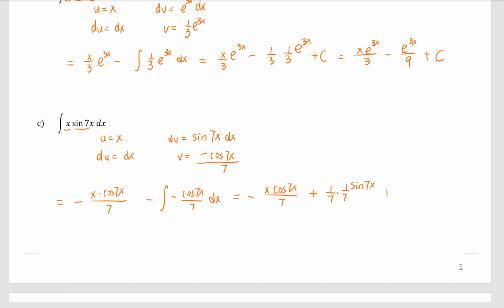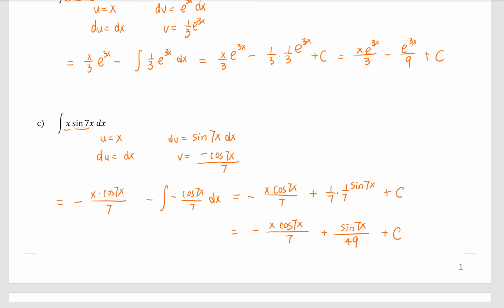And so our final answer is minus x cosine 7x over 7 plus sine 7x over 49 plus c. So far, so good, everybody?